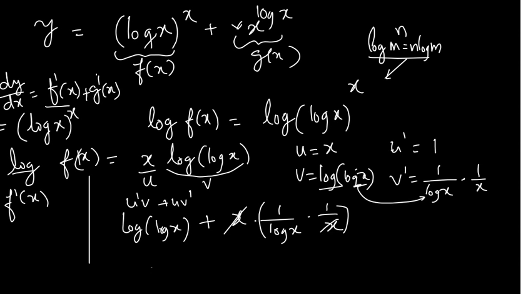So what you have here is log x plus 1 by log x. So this is the RHS, this is the LHS. So the next page, have you understood?